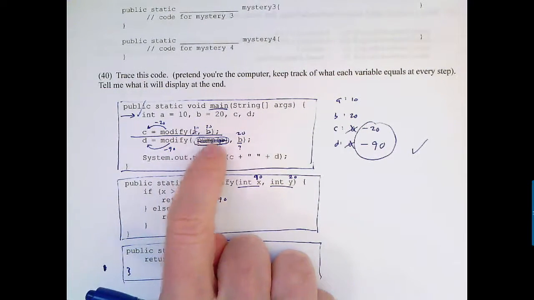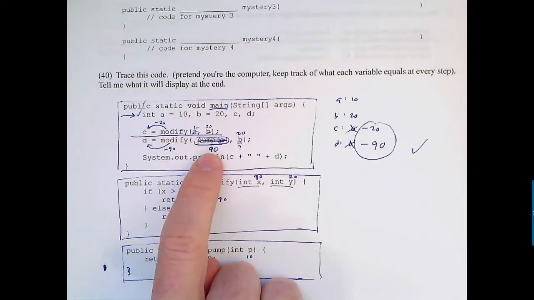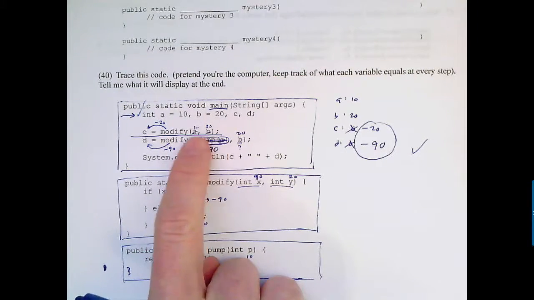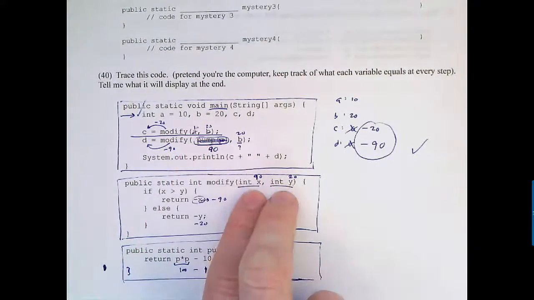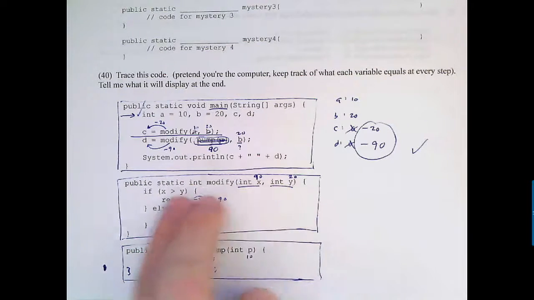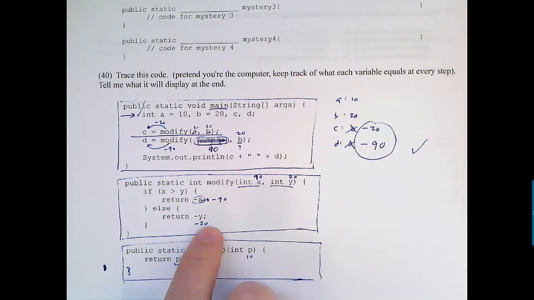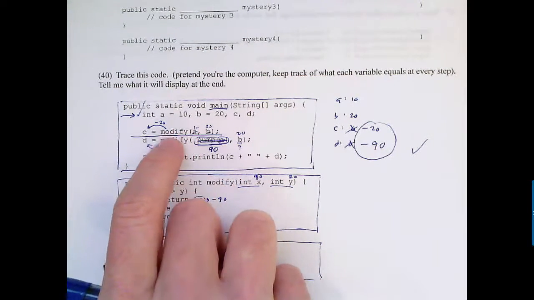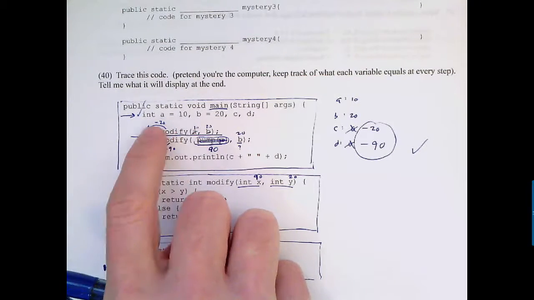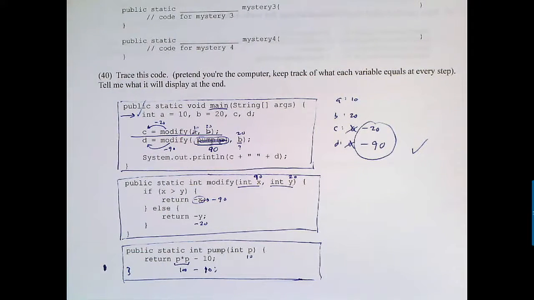If they're the output of a method, then you need to run that method. Once you know what numbers are the inputs, those get copied to the input variables. You do whatever the method's going to do, and then pay attention to what the return is. The return is the output that gets copied back up to the line it was run from. I think those are the important things to keep track of.